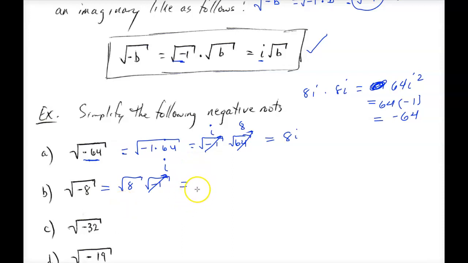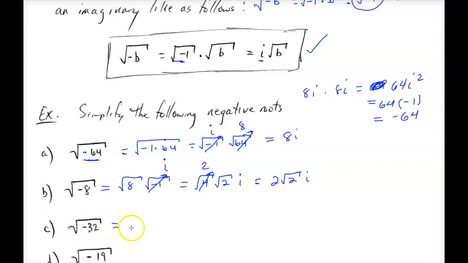So we know that square root of 8 can be broken down to square root of 4 times square root of 2. And then, of course, we write the i at the end. Square root of 4 is just 2. So this ends up being 2 times square root of 2, and all that times i. And that would be what square root of -8 would look like in terms of i in the simplest terms.